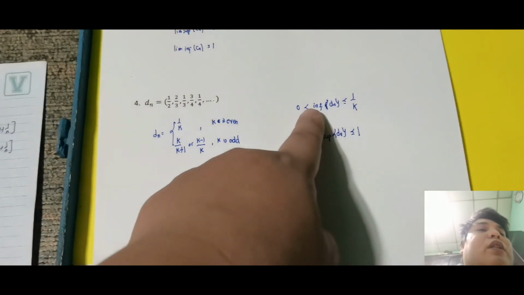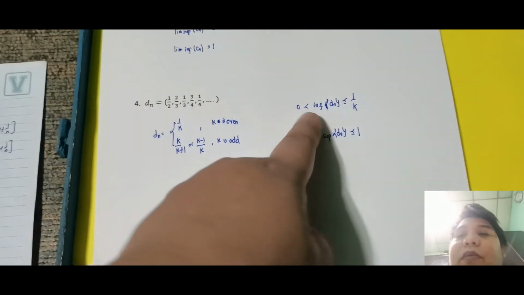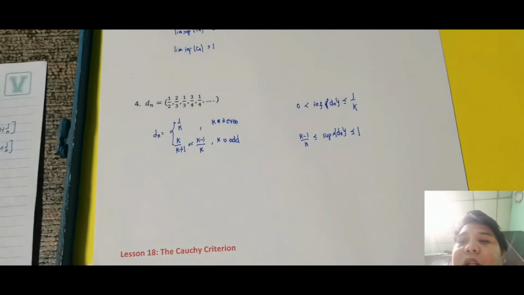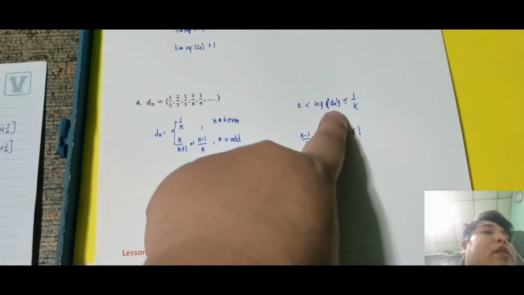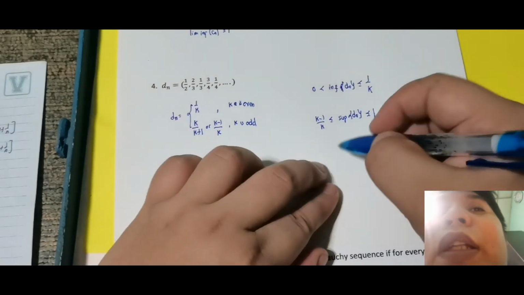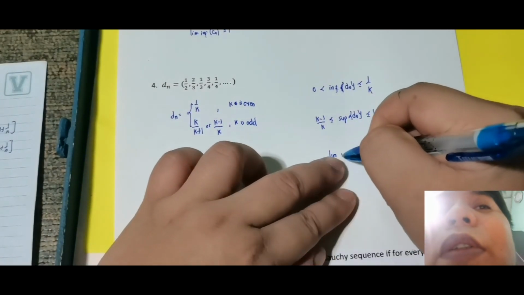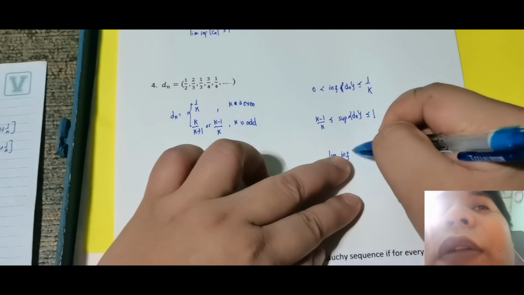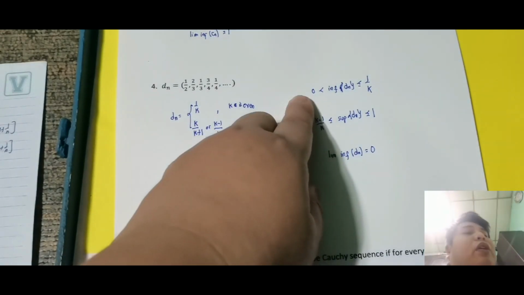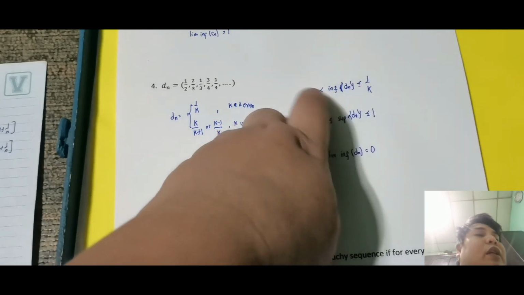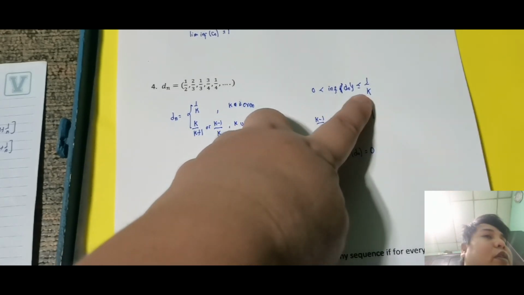Pag kinuha kay limit infimum, so yung limit inferior niya, as k approaches infinity, ito ay 0. Okay, so by squeeze theorem, 0 yan. So, yung limit inferior natin ng d sub n is equal to 0. Kasi apply ko yung limit dito, limit dyan, tapos squeeze theorem na lang.